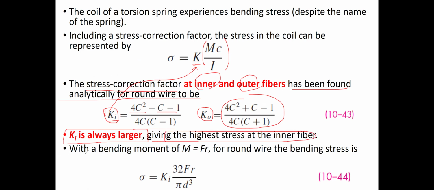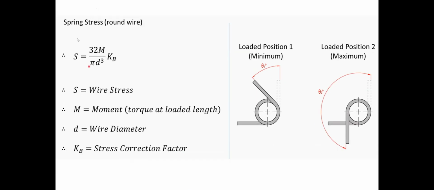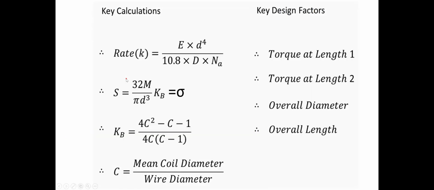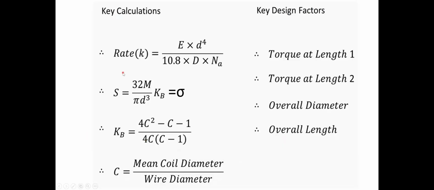And with the bending moment M equals Fr for round wire, the bending stress equals this. This is what we got previously.